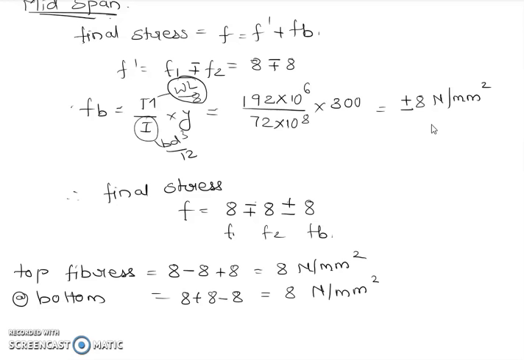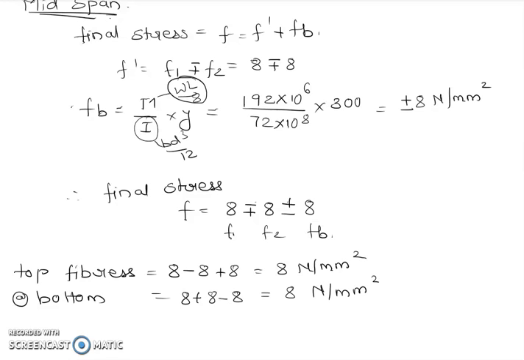So you can note here from numerical 1 and numerical 2 that if you change the position of the tendon, that is, if you provide it at some eccentricity, the extreme fiber stresses in concrete get reduced. Previously the stresses in the extreme fibers were 0 and 16 Newton per mm square, but now it has been distributed equally on top and bottom, just because we have provided the same tendon at an eccentricity of 100 mm.